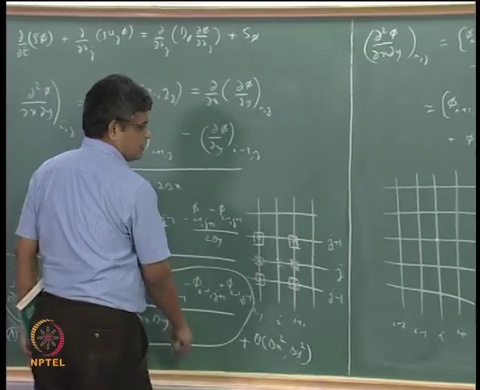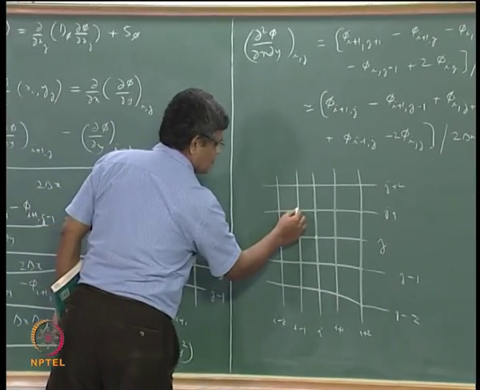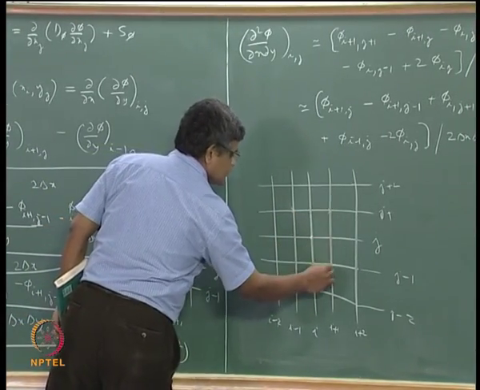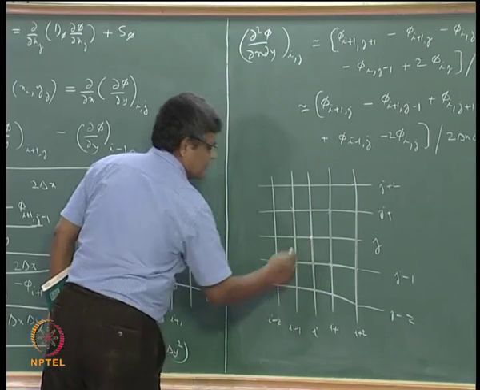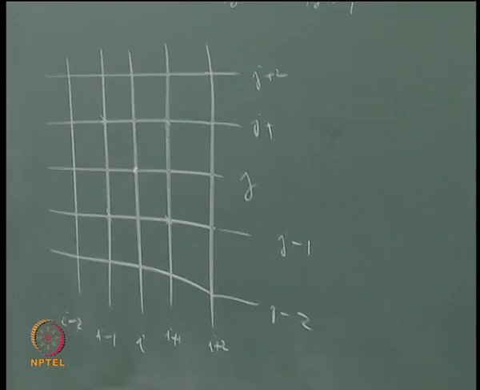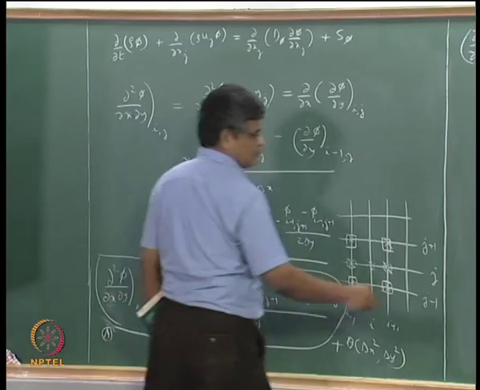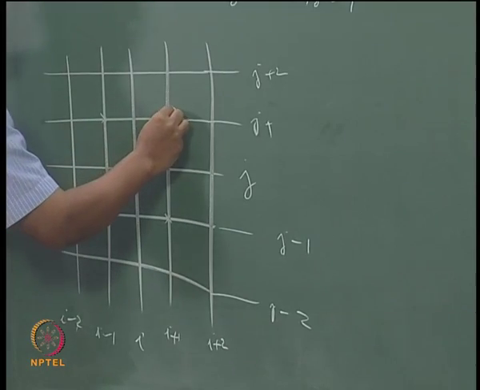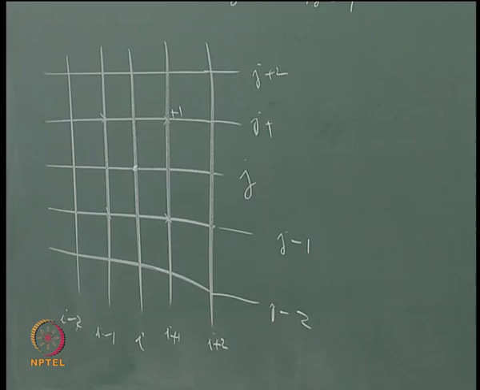We know that in formula A we have these 4 points and 0 contribution from this, and we have plus 1 for this corner point.